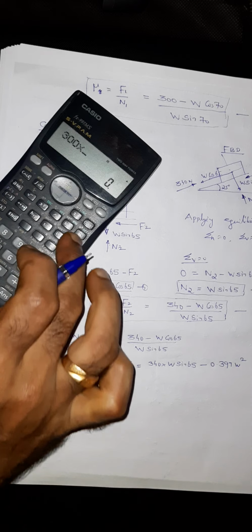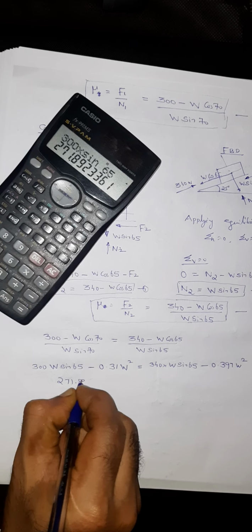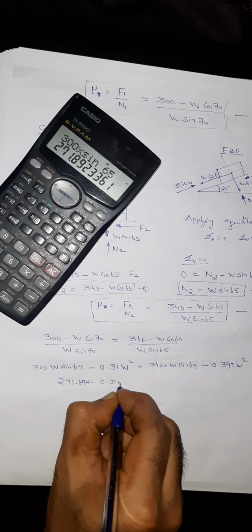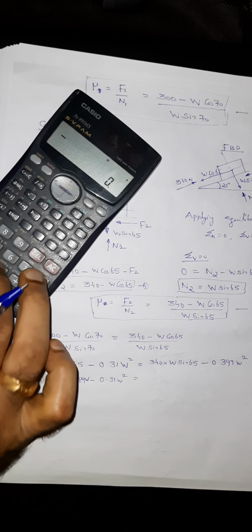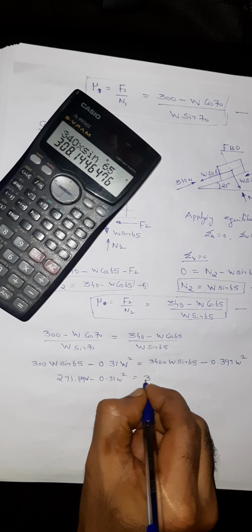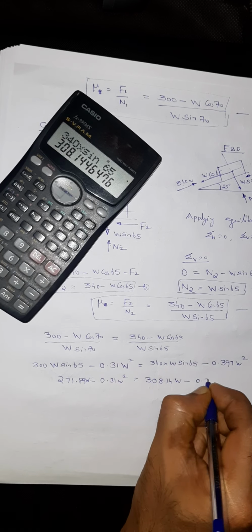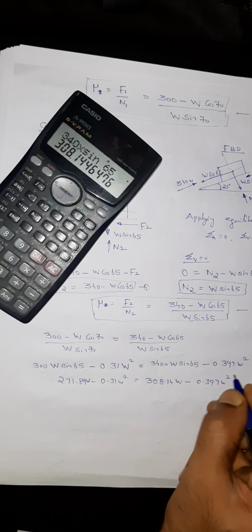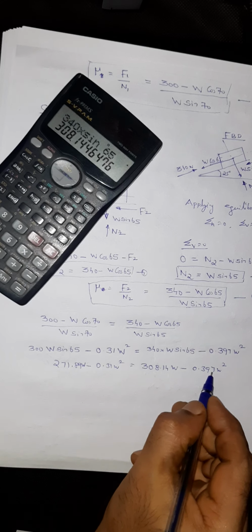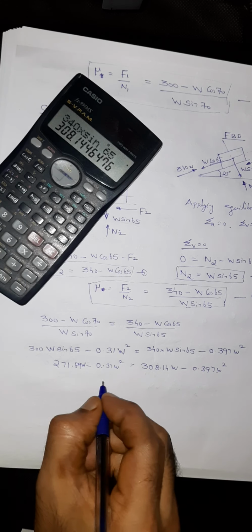300 into sin 65 should be 271.89 minus 0.31 W square, equal to 340 into sin 65, 308.14 W minus 0.397 W square. So let me bring the W square to this side and W to the other side.